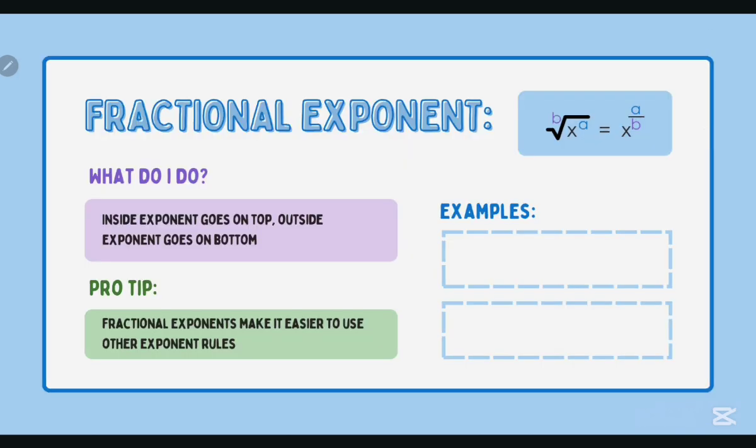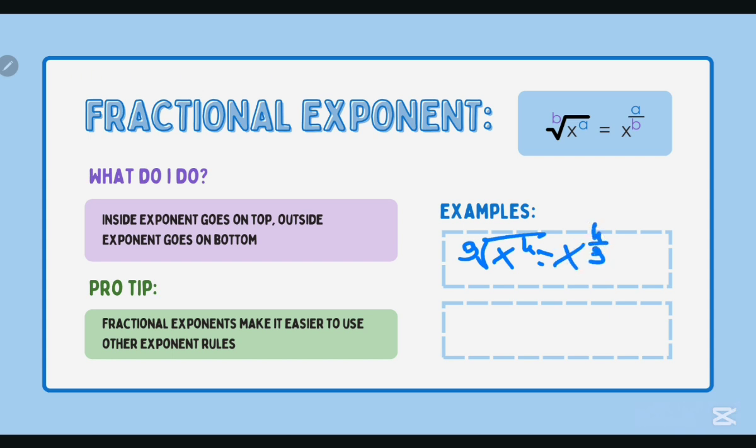Fractional exponents. We should write the inside exponent on top, and the outside exponent on the bottom. I can show you with an example. I want to change color. The 9th root of x to the power of 4. We can write it as x to the power of 4 over 9.